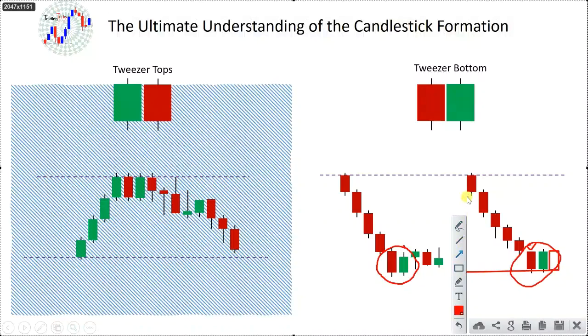Why? Because this is a very strong seller's entry. Due to this level, we have a strong buyer's entry, something like this on the left side. We have buyer's entries. This is almost similar, except for this candle. This is a strong level. We have a buyer's entry, so definitely after this, we can expect a seller's entry.